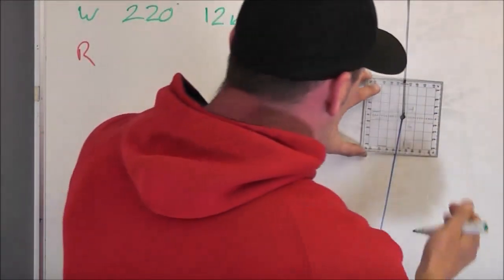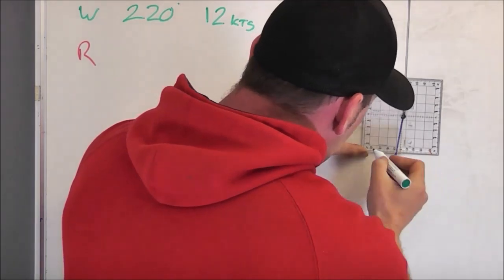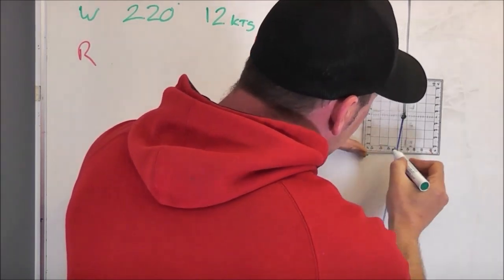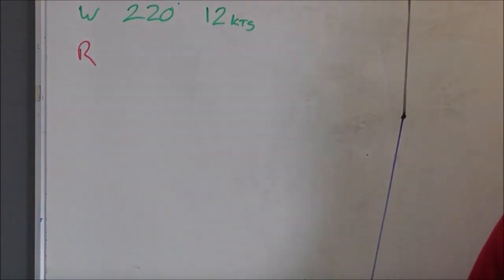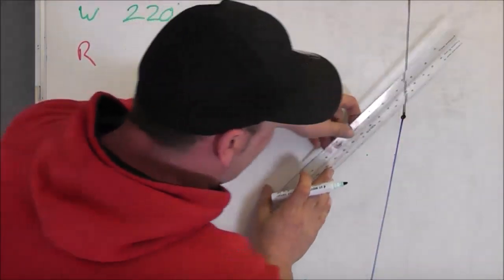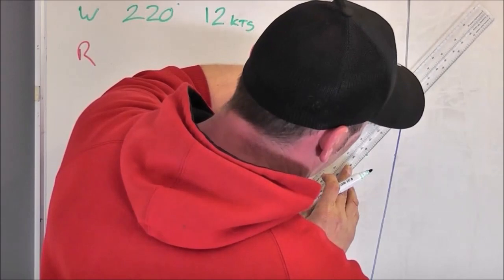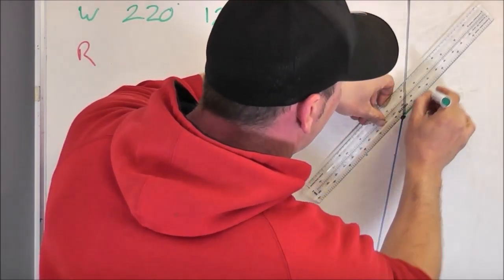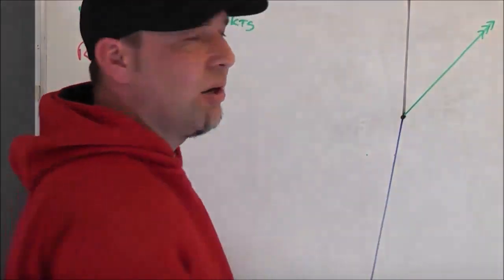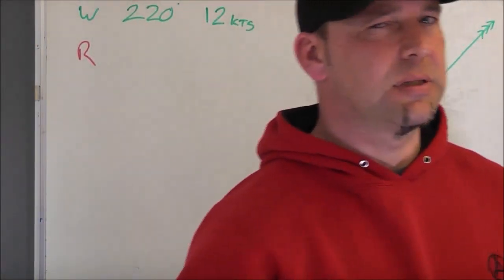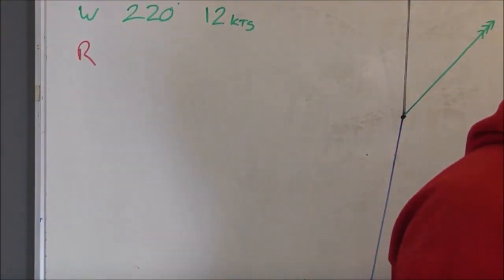So here is 220. Remember, we now have that balloon. The balloon is going to go that way. Now I can't help but mark wind with 3 arrows, it's just a lot easier to identify.